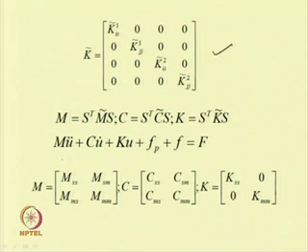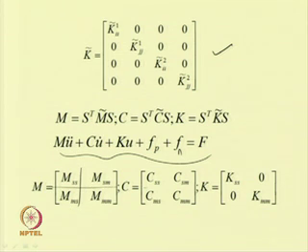So our equation is reduced to this form, that is M u double dot plus C u dot plus K u plus F e plus F n equal to F. After it is reduced to this form, one can write M equal to M S S and M S M, and so on.